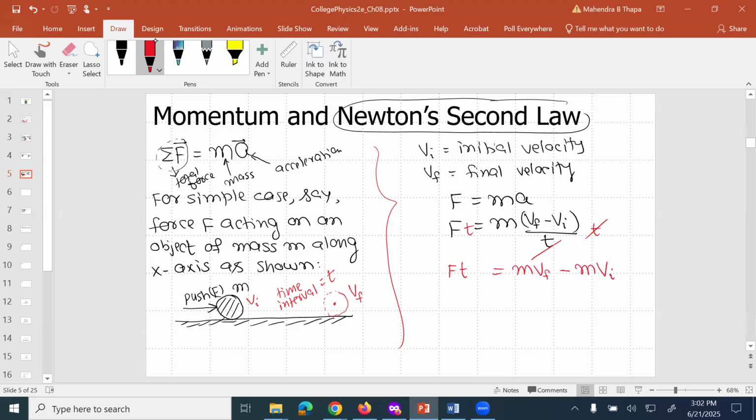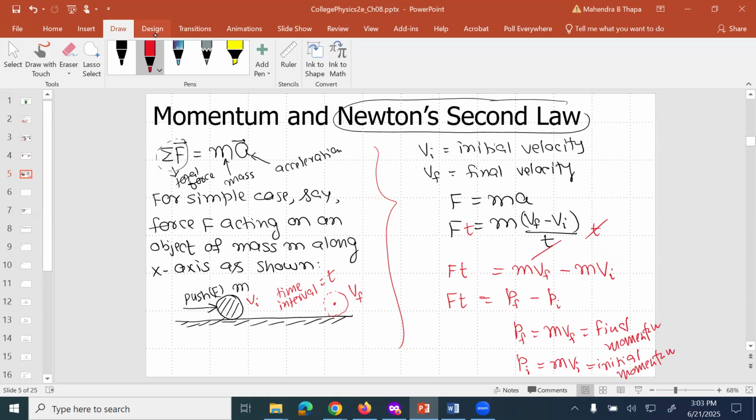I can write this as F times t equals P final minus P initial. Here P final equals m times Vf, the final momentum, and P initial equals m times Vi, that represents the initial momentum.